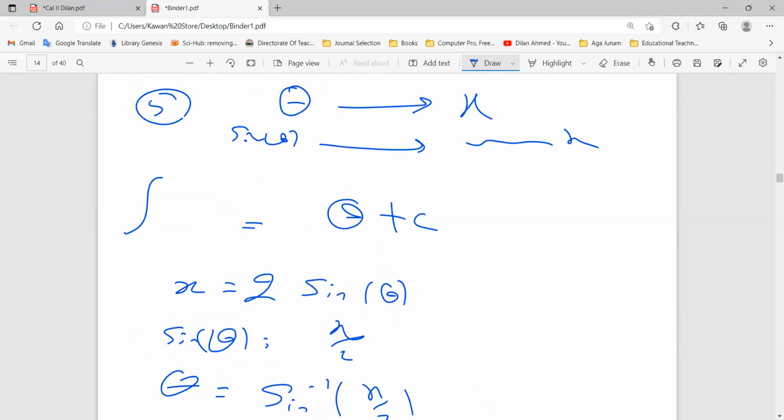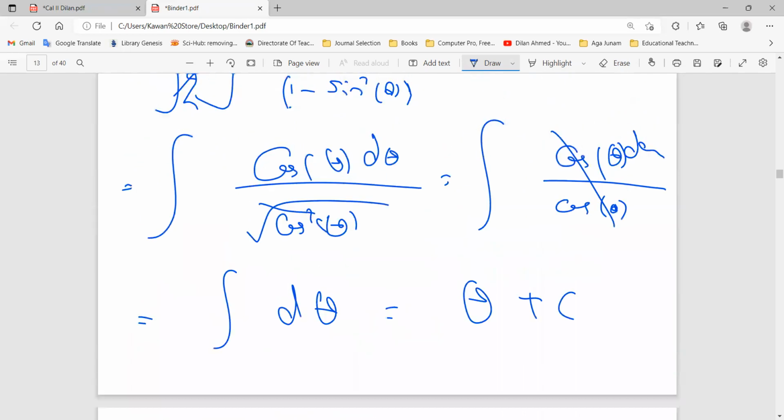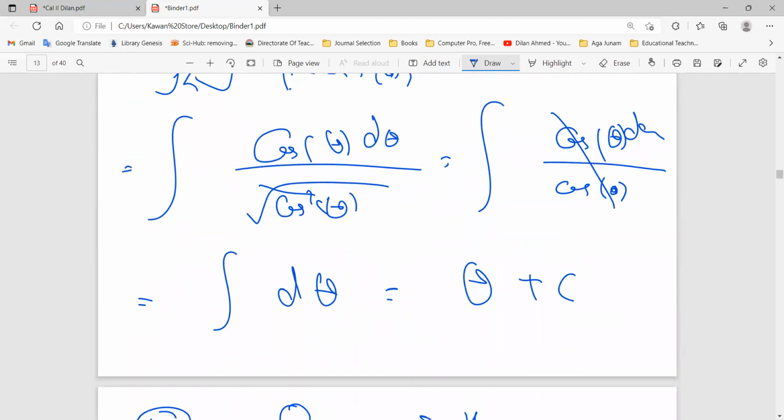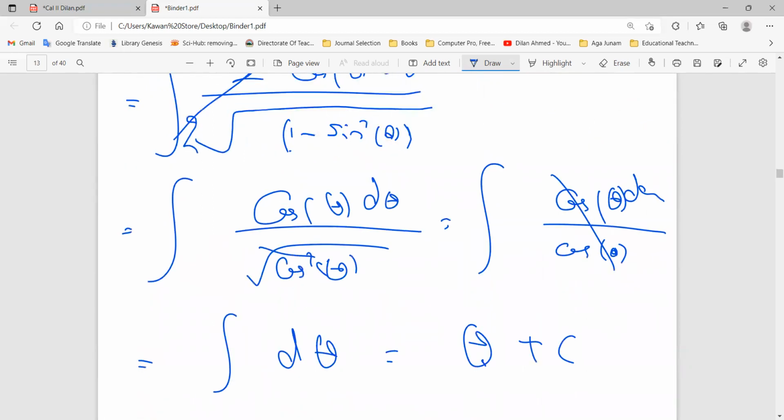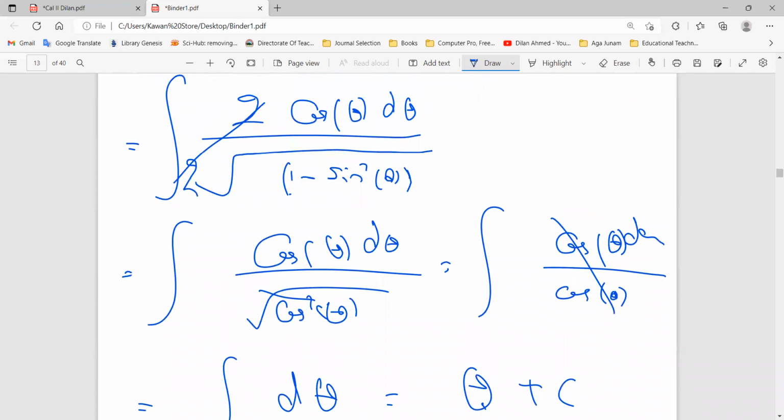Okay. Yes, the same. From here? You want to say we have a derivative of the denominator up top?